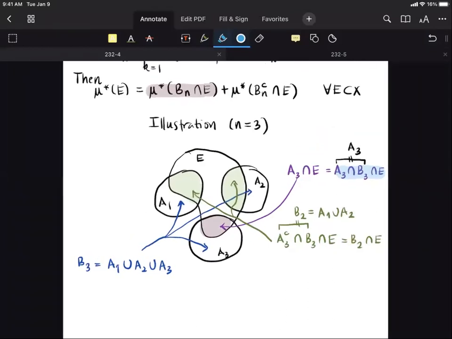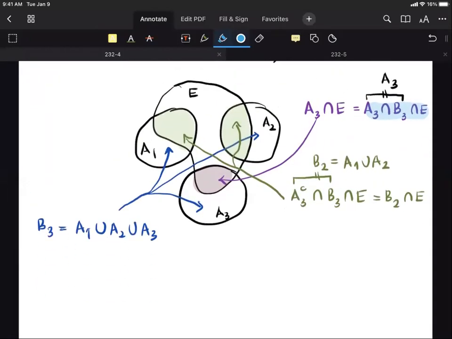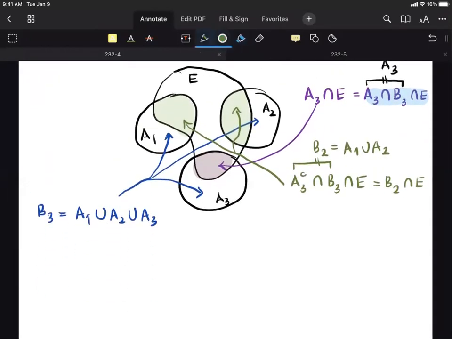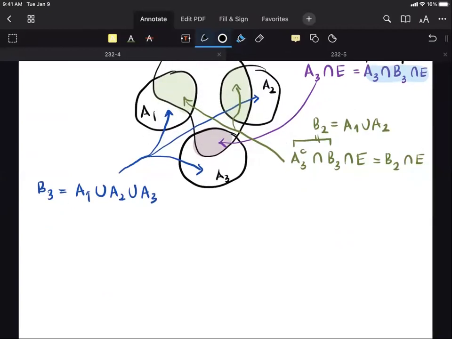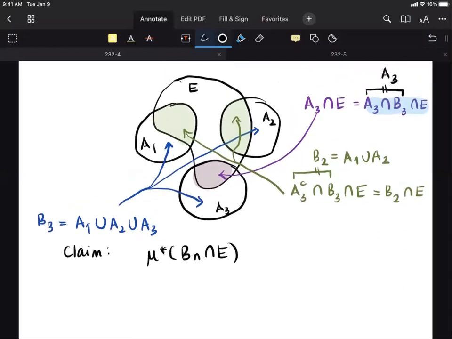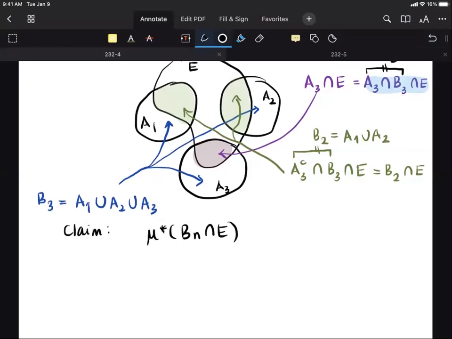Okay, proceeding with that, it is plausible to claim that the outer measure of Bn intersection E, that would be, in this case, the green and then the union, is the sum of the outer measures of Ak intersection E, k from 1 to n.